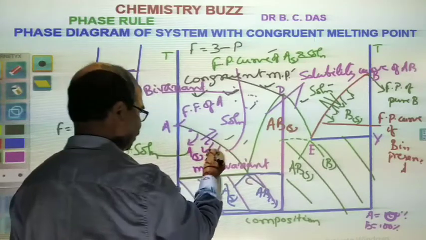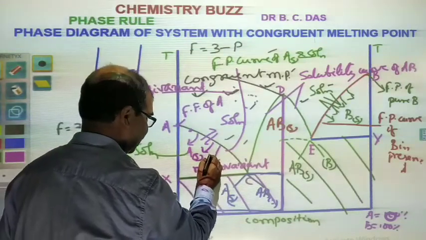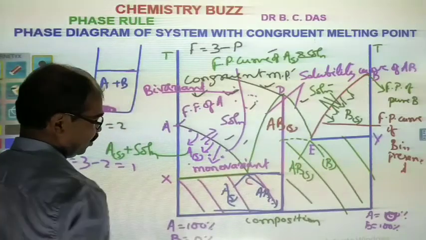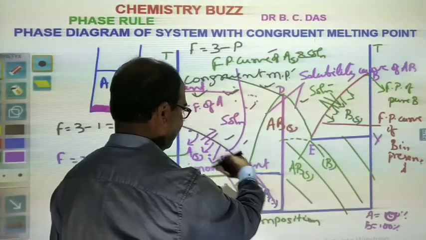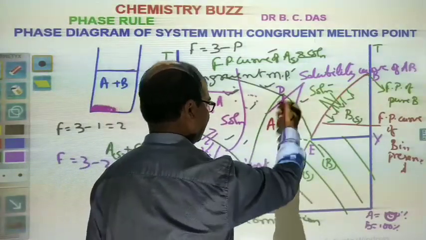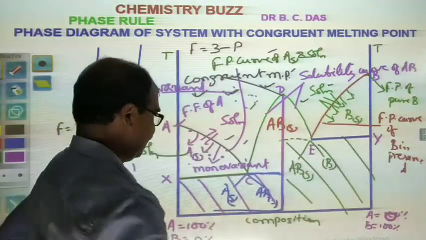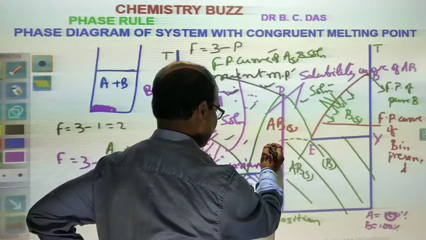So there are two phases, and any point here is two phase and also monovariant.